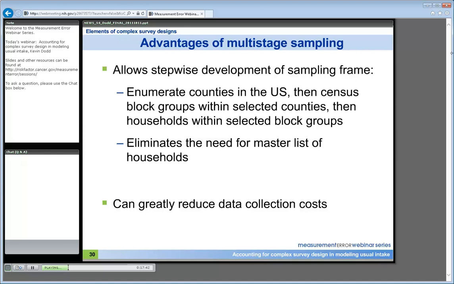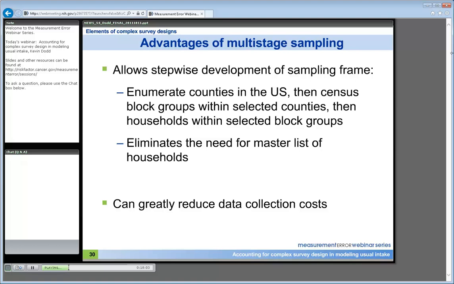Once you have that second stage list, you focus on getting details of the households just in those block groups that you need, and then on getting contact information for just those households that you select. And this eliminates the need to have some big, enormous, complete listing of the contact information for every household in the country. You can build it up piece by piece like this.